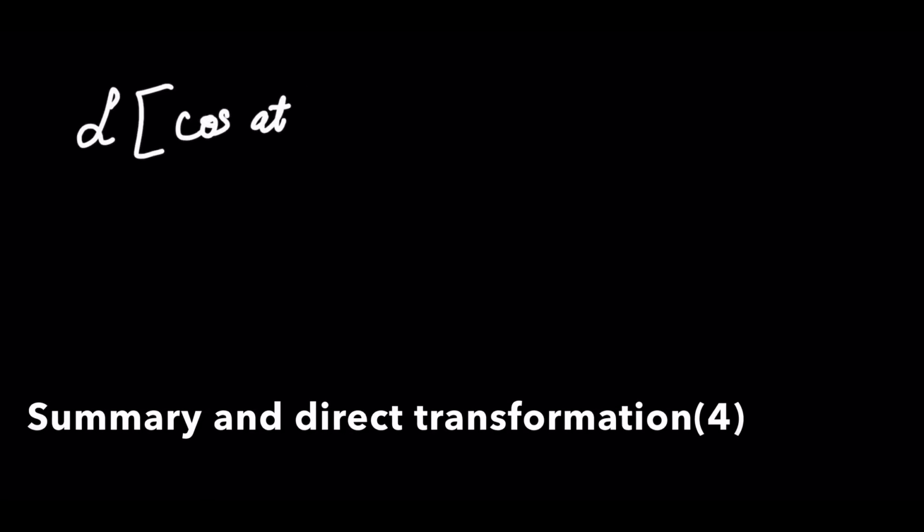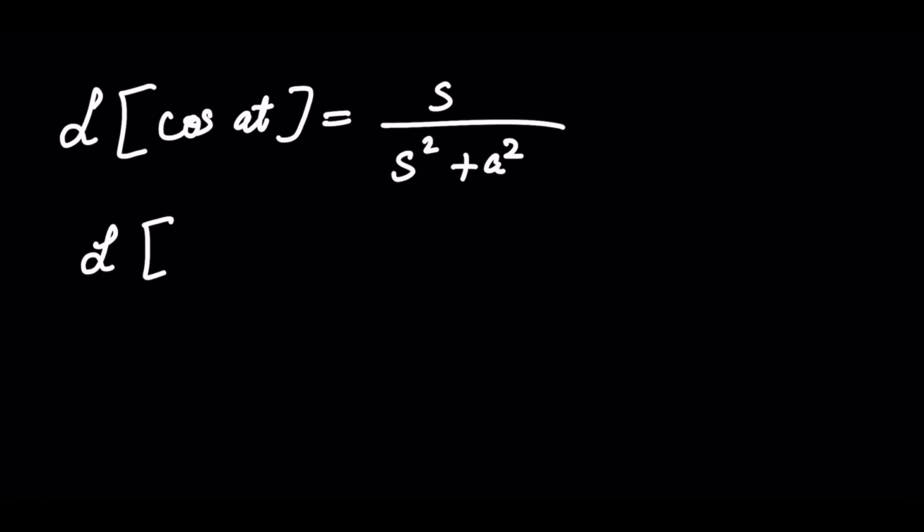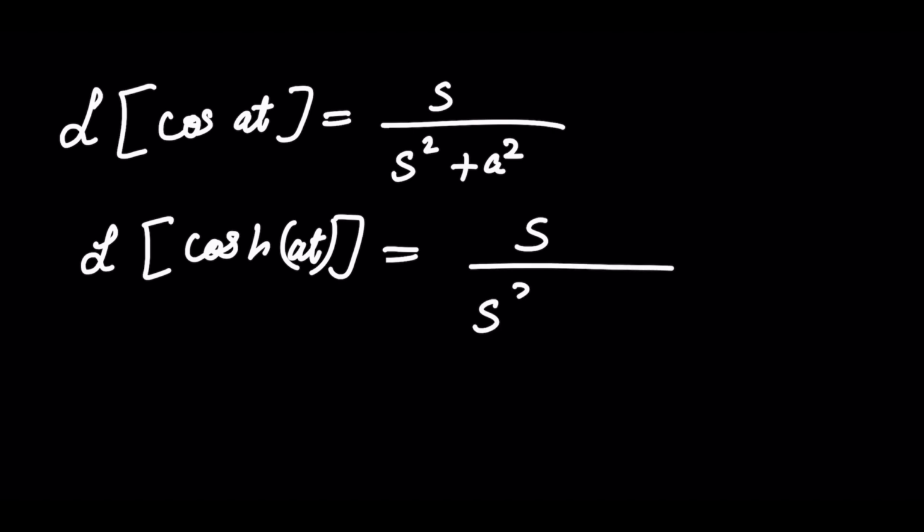The Laplace transformation of cos at is equal to s divided by s squared plus a squared, whereas the Laplace transform of the cos hyperbolic function is s divided by s squared minus a squared. So just remember, the sign in the denominator is what distinguishes the trigonometric case from the hyperbolic one.